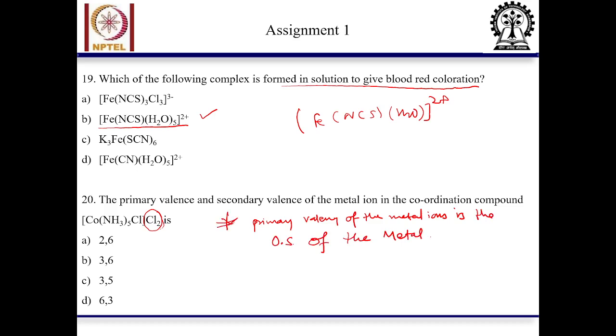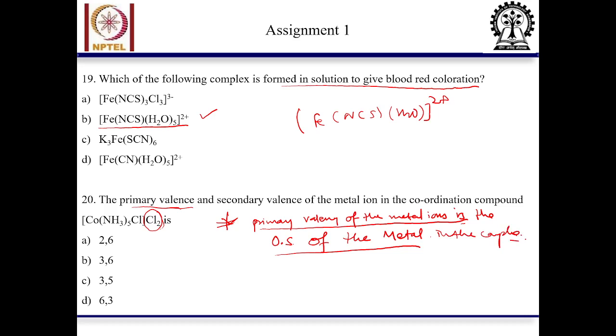That is the key point to note. Werner defined the primary valency as ionic and non-directional, but later people thought that the primary valency is actually the oxidation state of the metal ion in the complex.